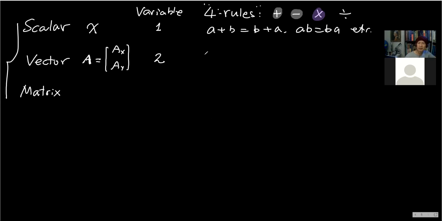So there are two types of the product. One is called the scalar product, or we call it the dot product. We can compare them. You see, we have a scalar product, and today we're going to study the vector product.